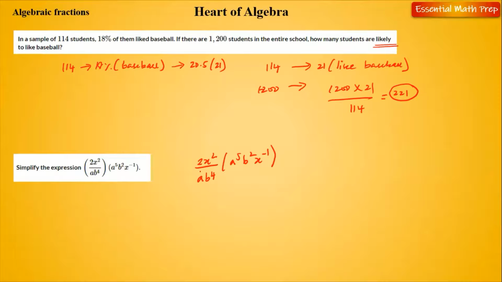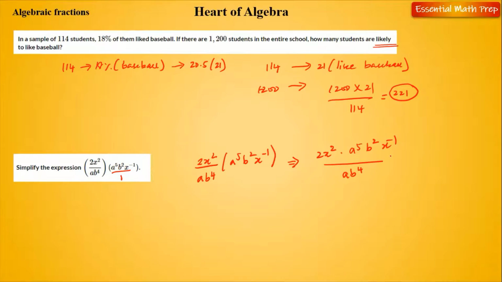So in this case, when it is multiplied, technically it can be written as 2x squared times a to the power 5 b squared x to the minus 1 over a b to the power 4. This is in the numerator, okay? Did you see what I did? Because it's multiplied, it cannot be in the denominator, because it doesn't have anything. You can assume an imaginary 1 underneath it if that makes you happy. That will put this in the numerator, okay?